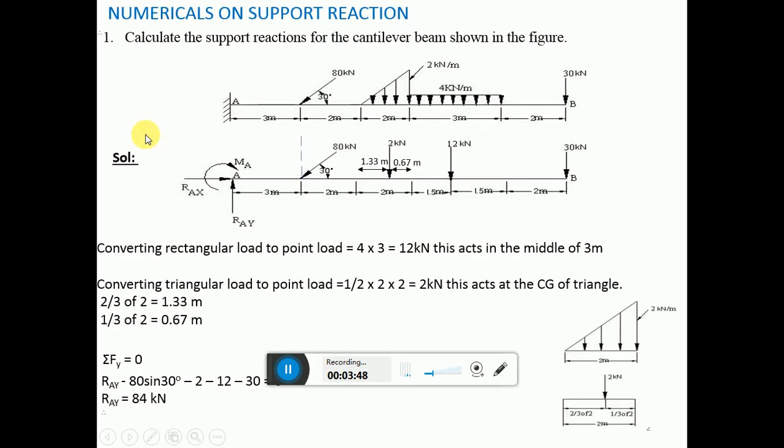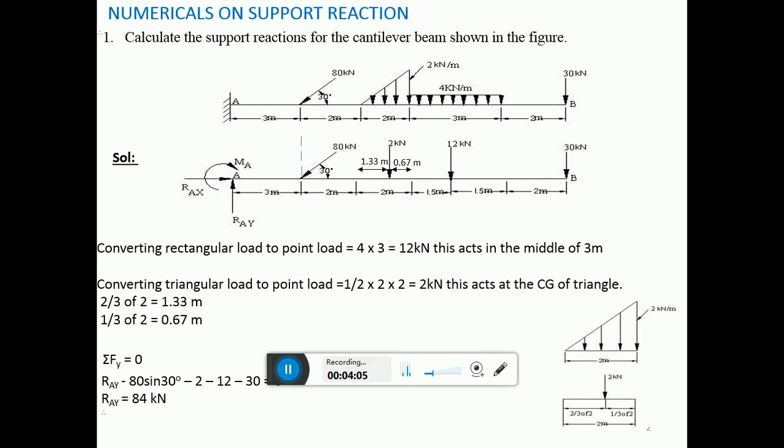Next, we are supposed to find the moment about this point A. So apply the summation of moment about the point A and find MA.